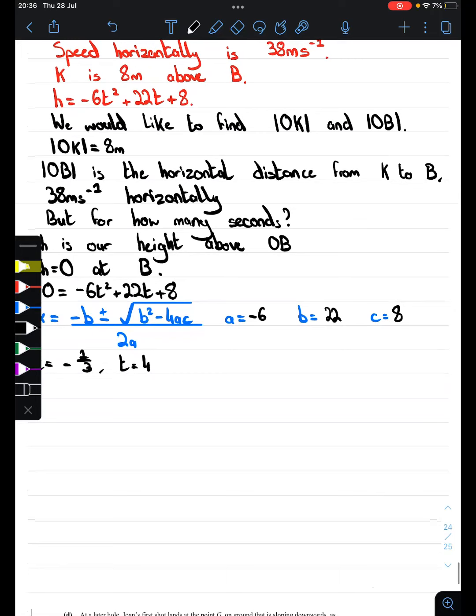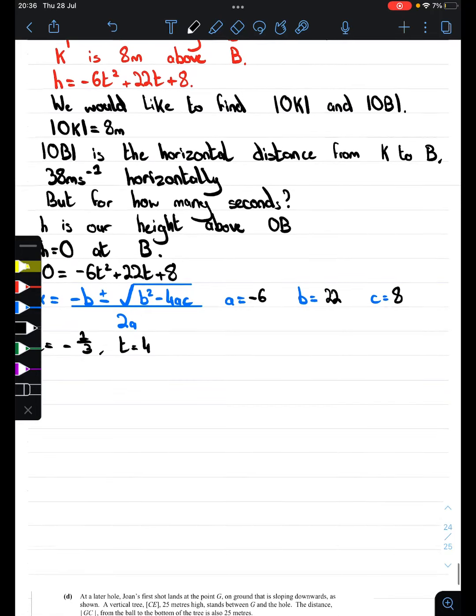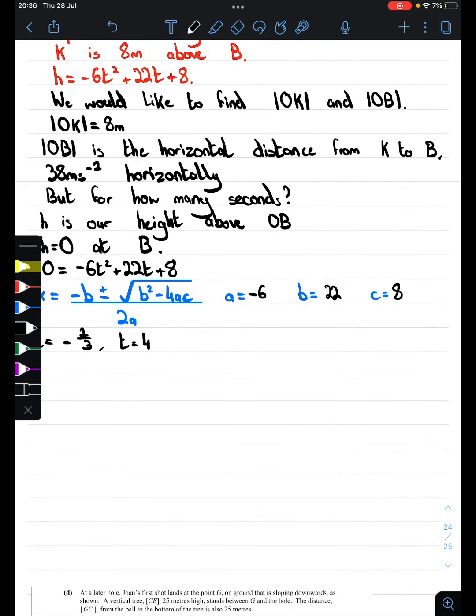So how much distance does it cover horizontally in 4 seconds? It's traveling 38 meters per second for 4 seconds, so 38 by 4, which equals 152 meters horizontally.